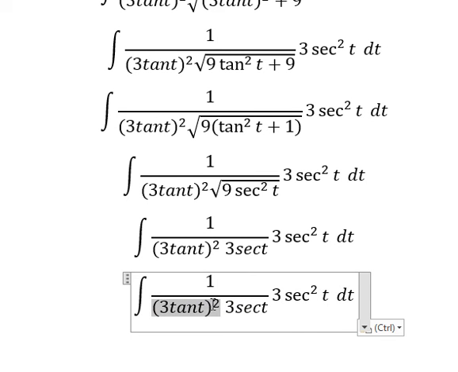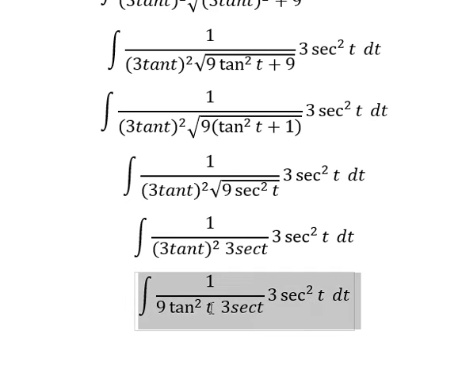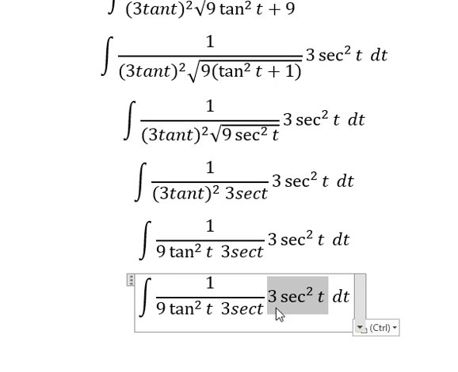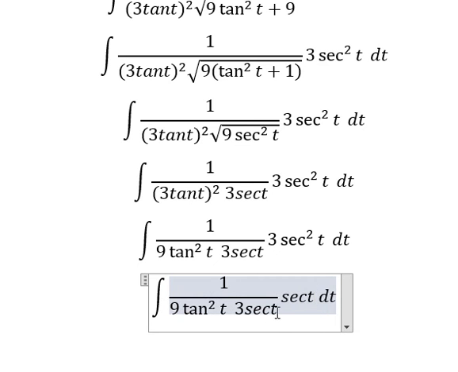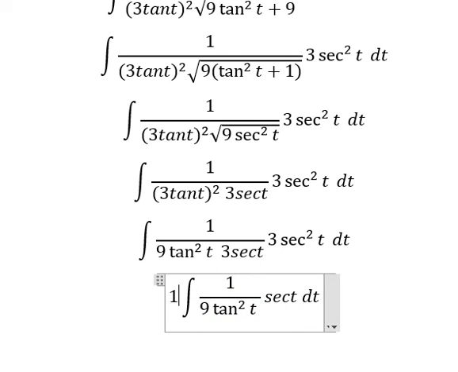So here we have 9 tan t squared. We need to simplify the 3 secant of t in the numerator and denominator. So I will put the 9 outside.